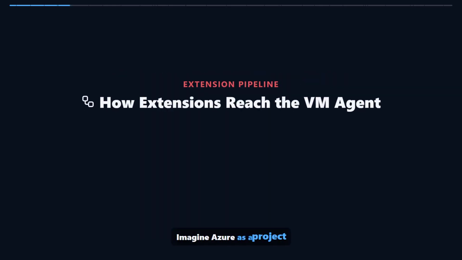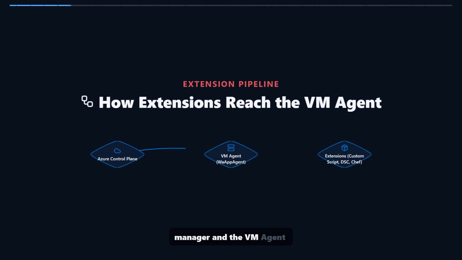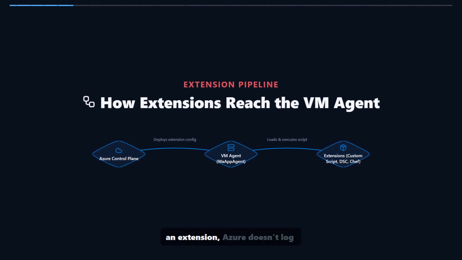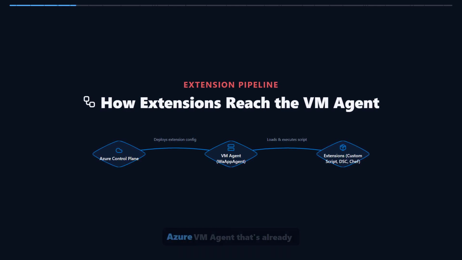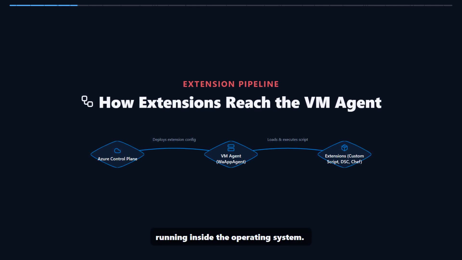Imagine Azure as a project manager and the VM agent as the technician inside your virtual machine. When you deploy an extension, Azure doesn't log into the VM like an administrator would. Instead, Azure sends a secure instruction to the Azure VM agent that's already running inside the operating system.